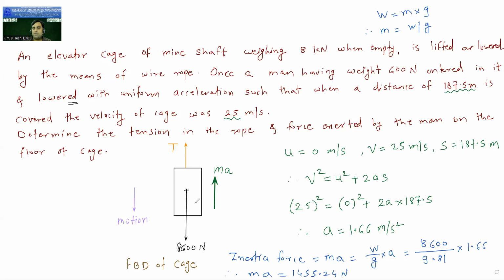There is no friction in the air, so the frictional force has not come. So here is the tension in the string, here it is the weight, and this is the inertia force. Now consider this diagram, the free body diagram of the cage.